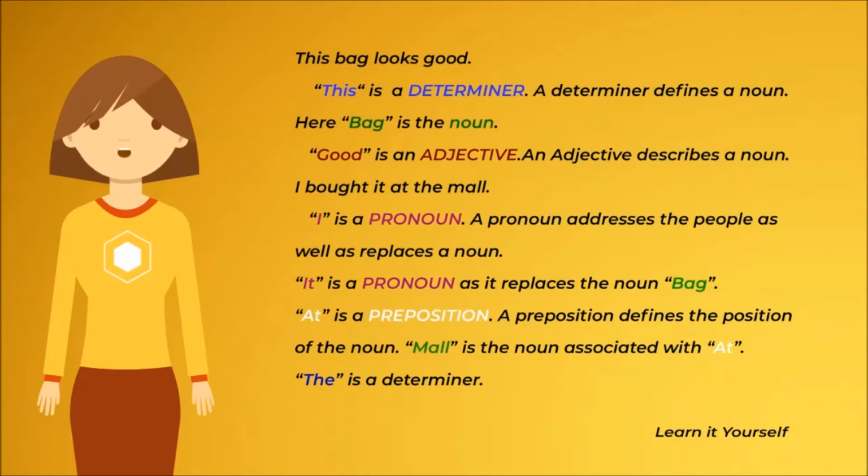At is a preposition. A preposition defines the position of the noun. Here, at is associated with the noun mall, and the is a determiner as it comes before the noun mall.